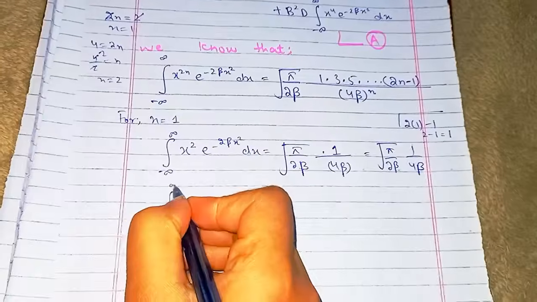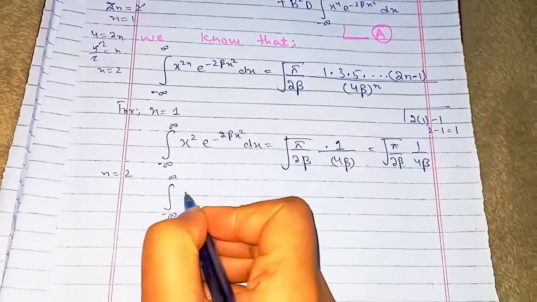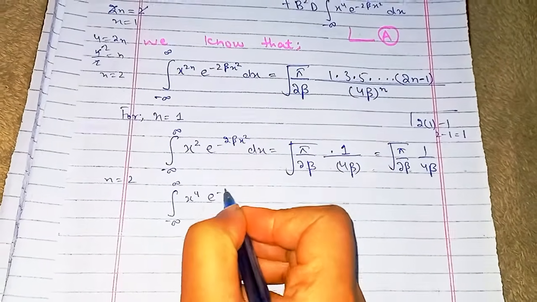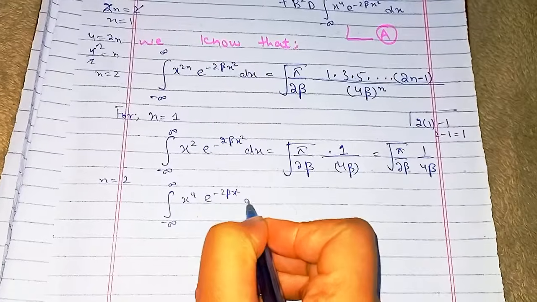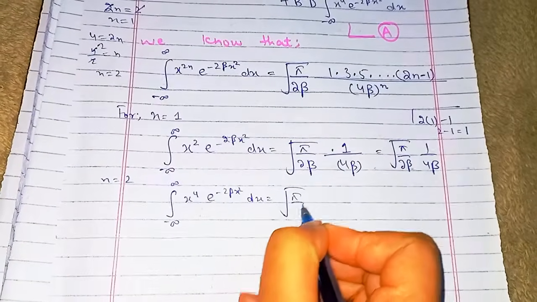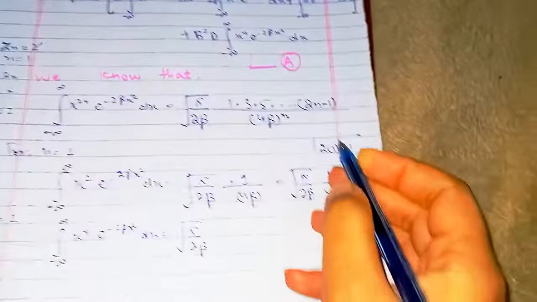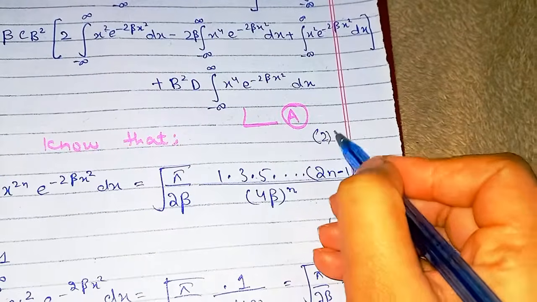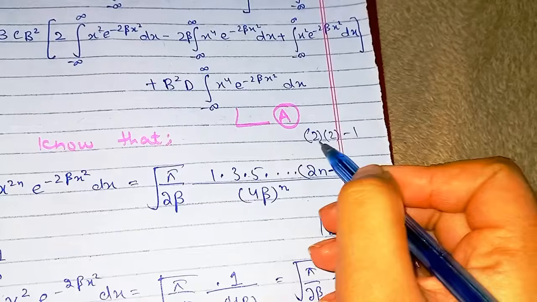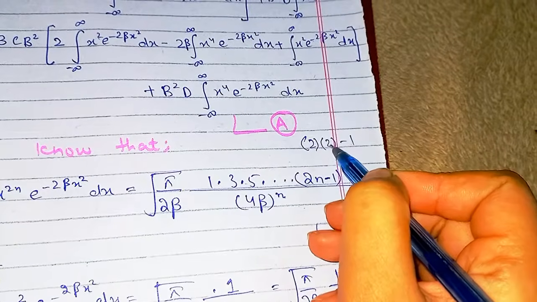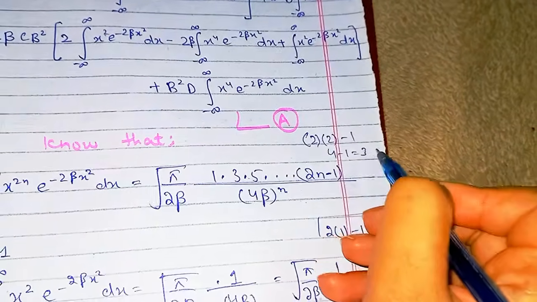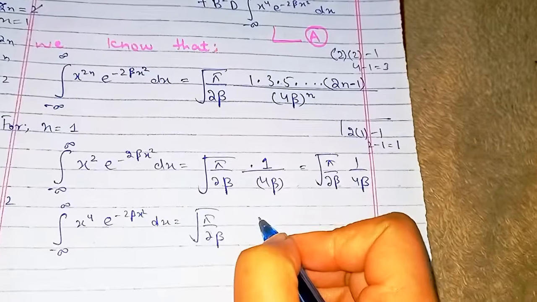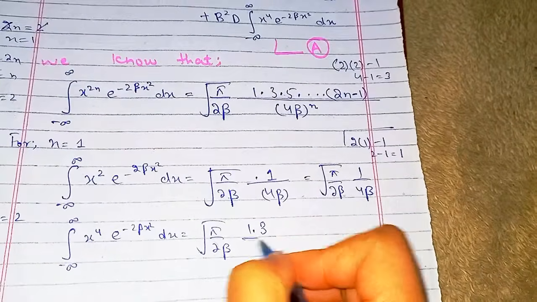And then we have for n equals to 2, x to the power 4 e to the power minus 2 beta x squared dx equals pi by 2 beta. And let's do this thing in rough work and see. It's 2 into 2 minus 1. 2 is already there, n is 2. 2 to the 4 minus 1 equals 3. So it's 3, 1.3.